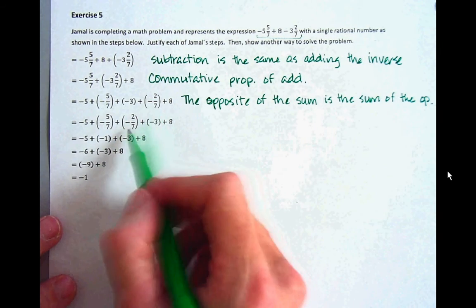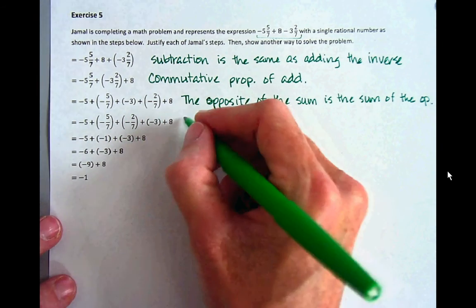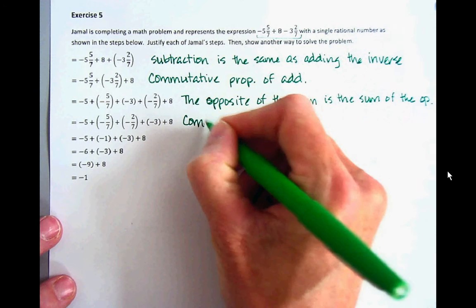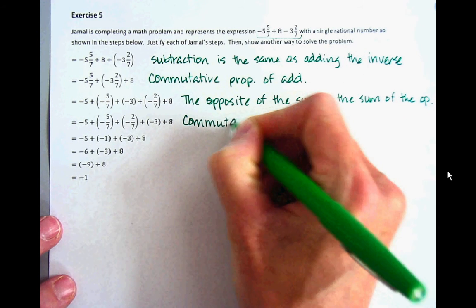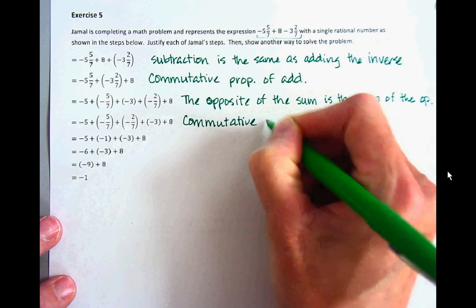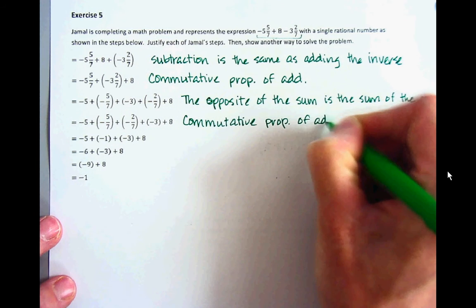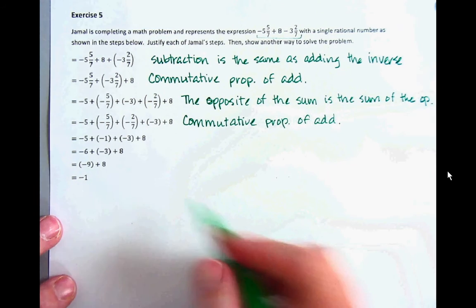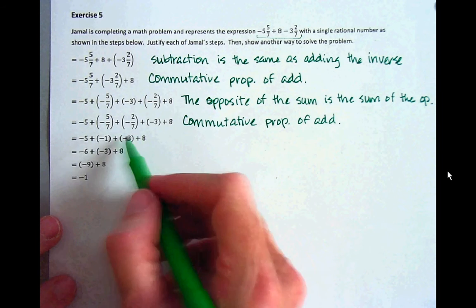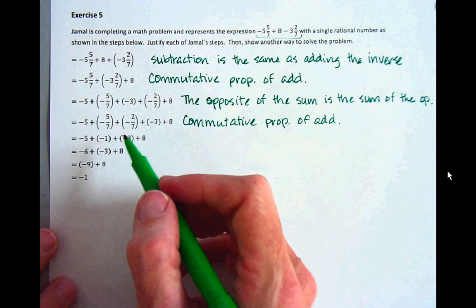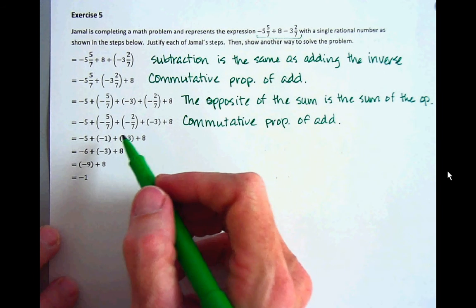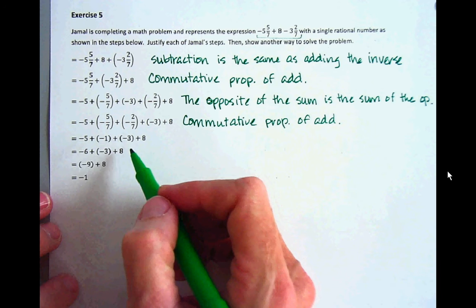All right, after that, now what has happened? Well, we've got some movement again, so we have the commutative property of addition. And what we've done here is we have simplified. We've applied the associative property here.